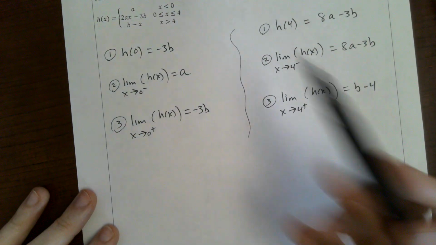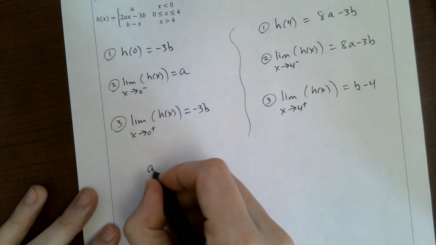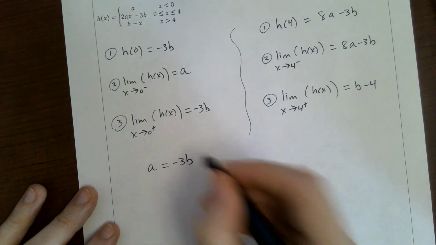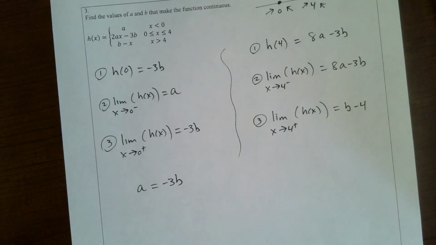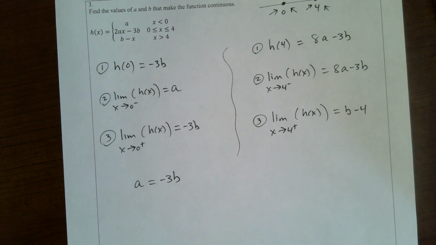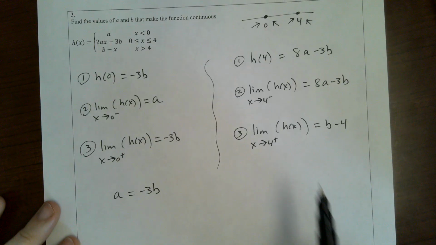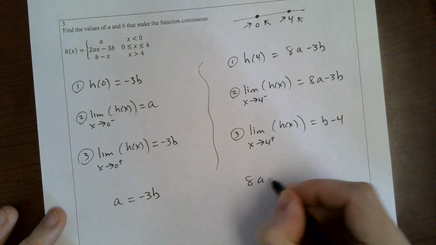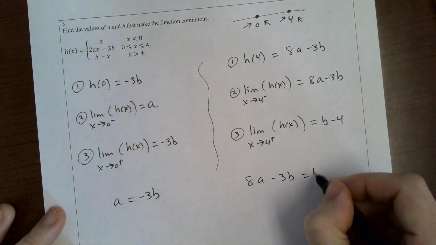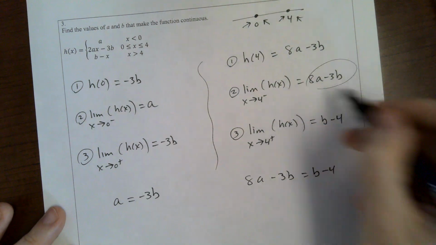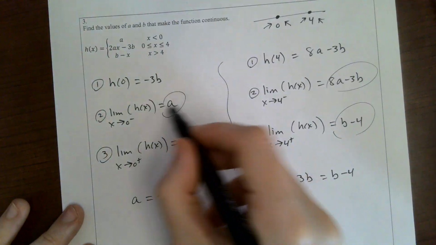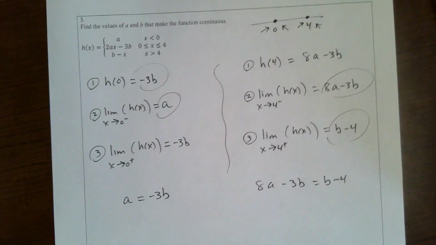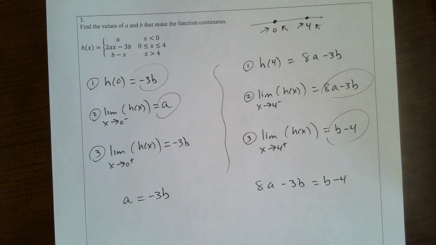I'll just say, over here, A has to equal negative 3B. Okay, that's what we get from those steps there. And then over here, we get that 8A minus 3B is equal to B minus 4. Okay, so those have to be equal.